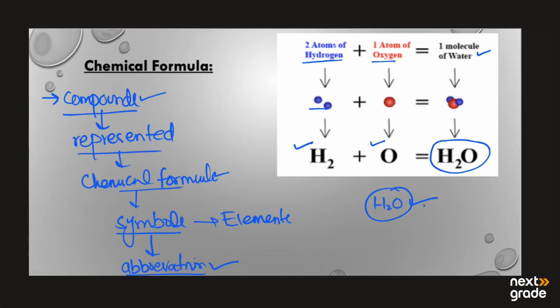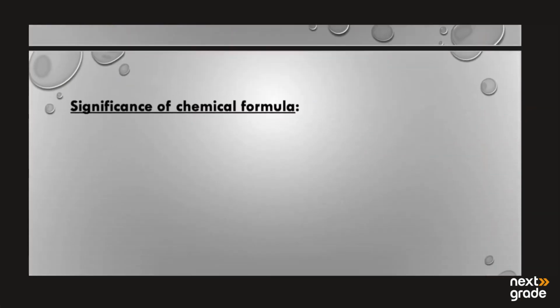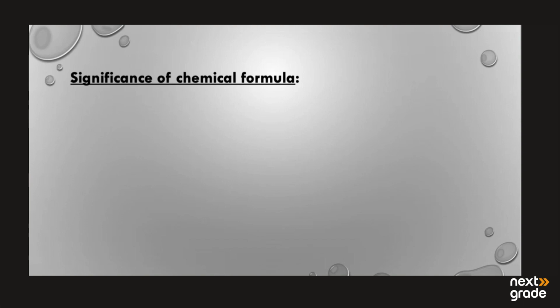In this lesson we will study the main steps for how we can write the chemical formula. First of all, you should know the significance of the chemical formula. Basically, it represents the name of the substance. This is the first significance.